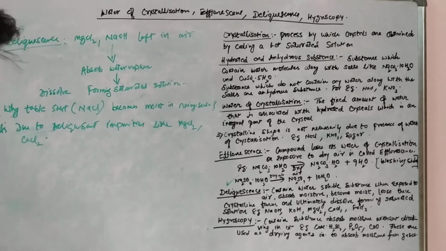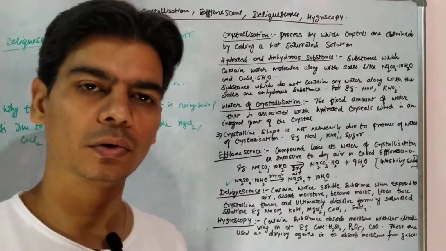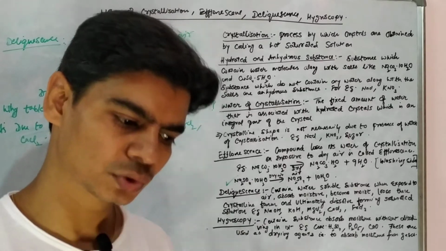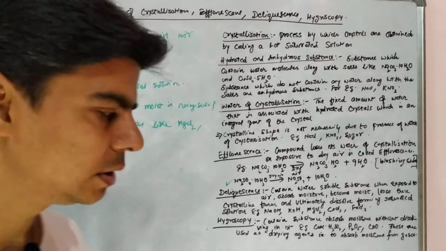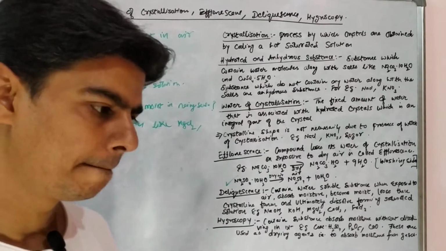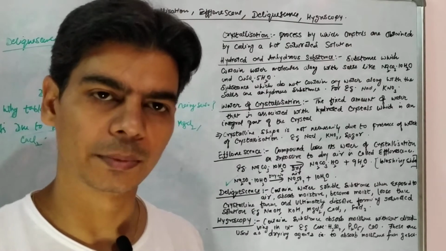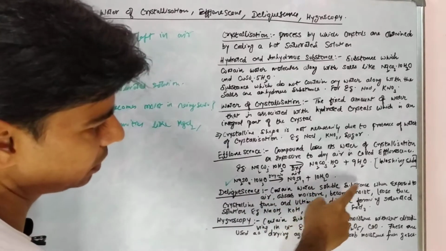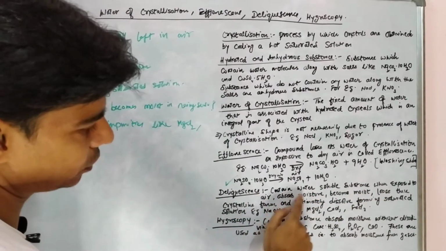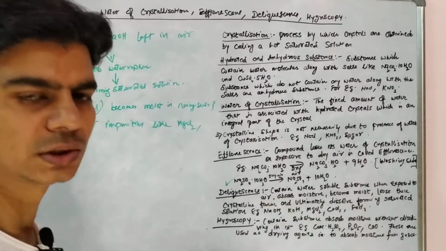Now hygroscopy. Hygroscopy is also a little similar to this. Hygroscopic substances also absorb moisture from air, but hygroscopic substances won't dissolve in the absorbed moisture, right? That is, they will not dissolve in the moisture that they absorb from air. So deliquescence is when certain water soluble substances, when exposed to air, absorb moisture, become moist, lose their crystalline form and ultimately dissolve, forming a saturated solution.